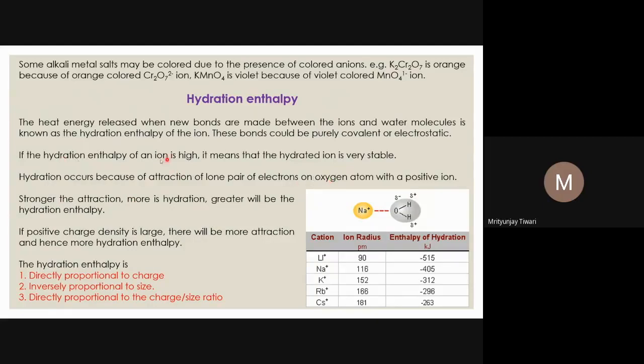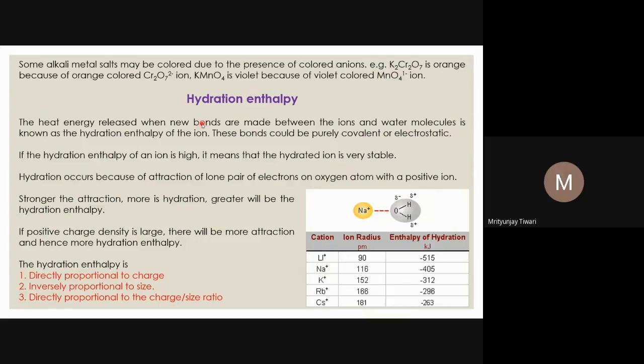So the bonds between them could be purely covalent, electrostatic, or an intermediate between them. The bonds formed between the ion and water molecules, and the energy released during that formation, even if it is a weak interaction, is known as the hydration enthalpy of the ion.